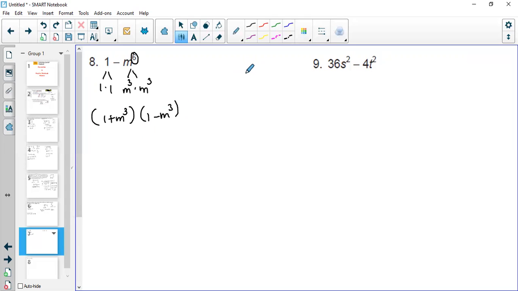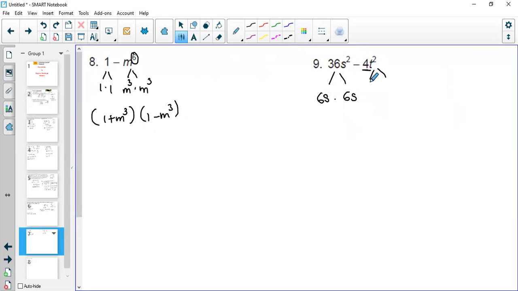Well, the next question is 36s squared minus 4t squared. So 36. The square root of 36 is 6 and 6. And how about s squared? It's going to be s here and s here, because s multiplied by s is going to give us s squared. How about 4t squared?